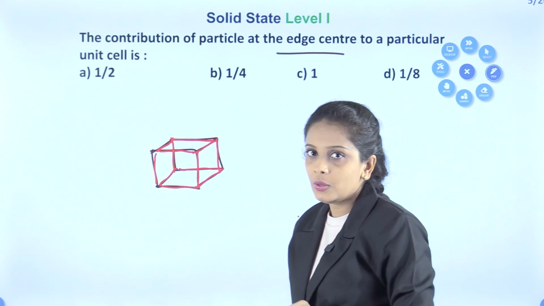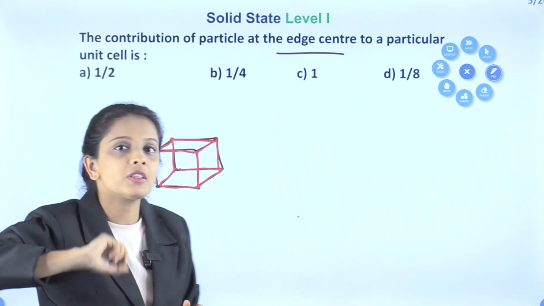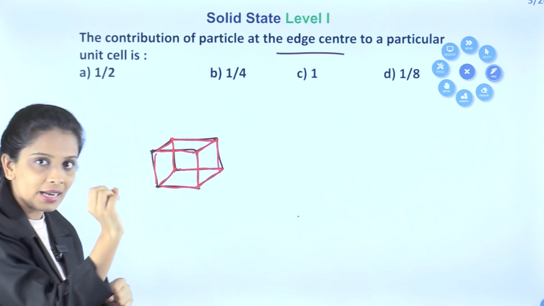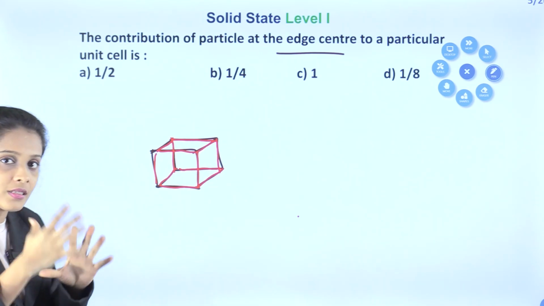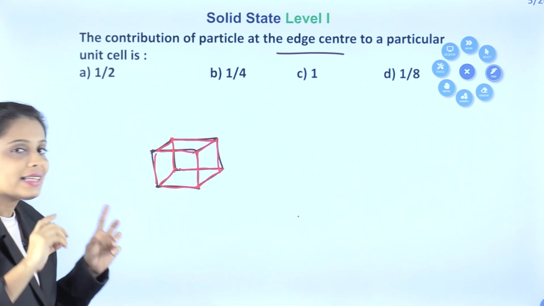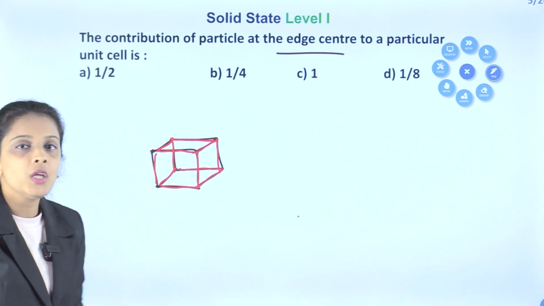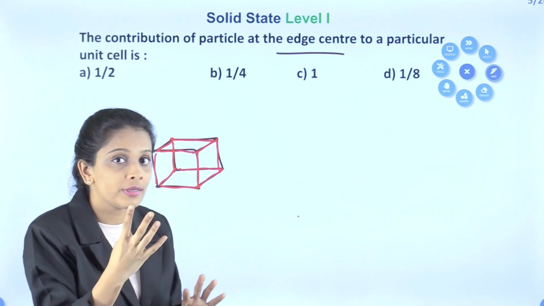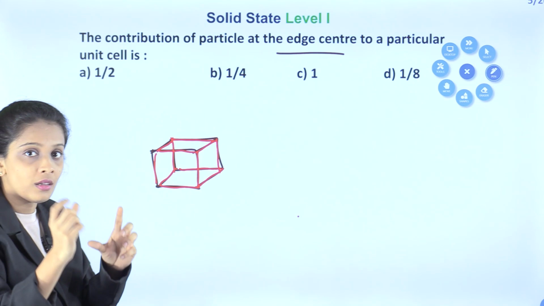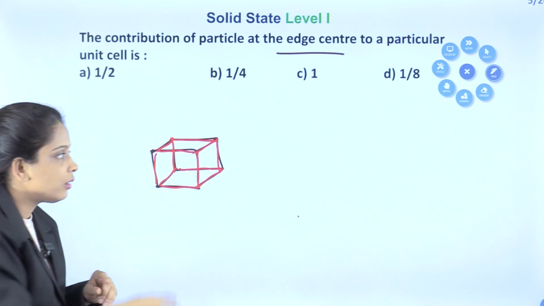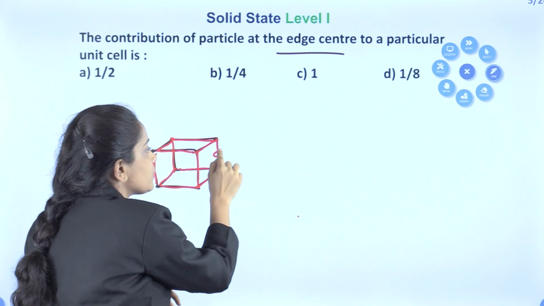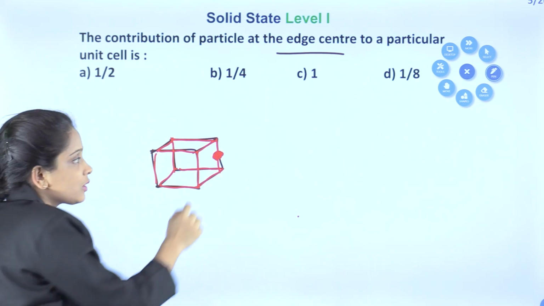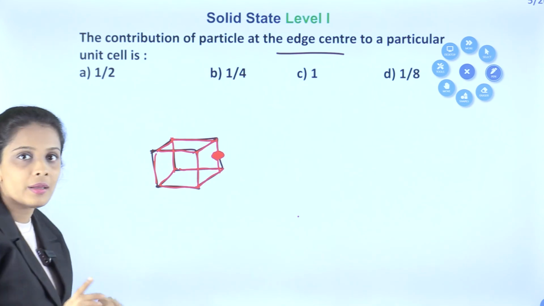If you notice this very carefully, whatever atom is present on the edge center, that particle is actually surrounded by a total of 4 unit cells. So the contribution it is making per unit cell would be what? Suppose that we have an ion, atom, precisely let us use the word particle, which is present over here.